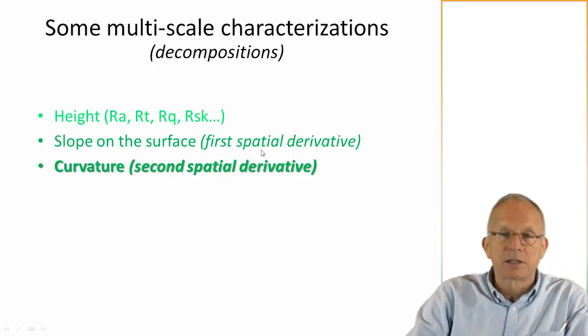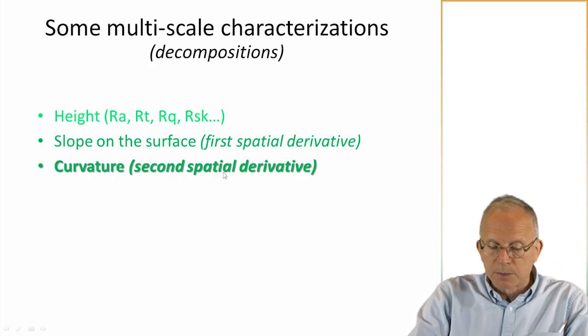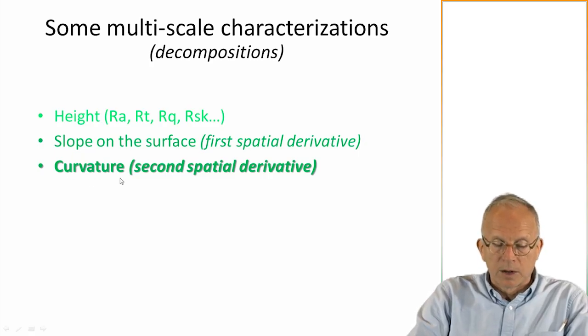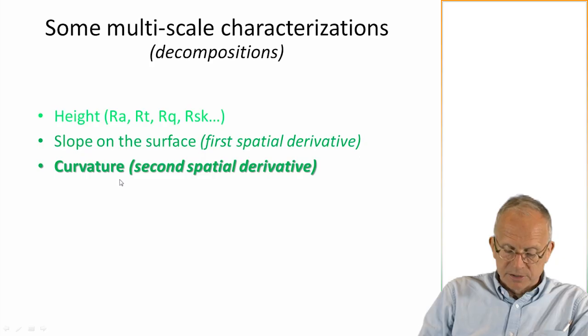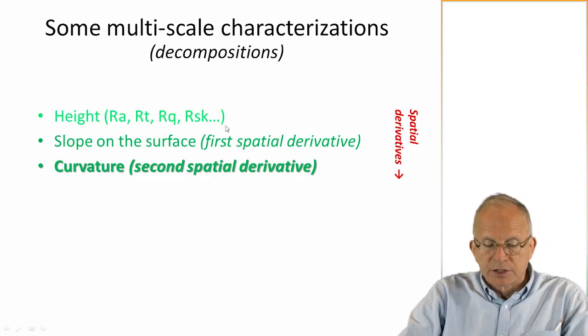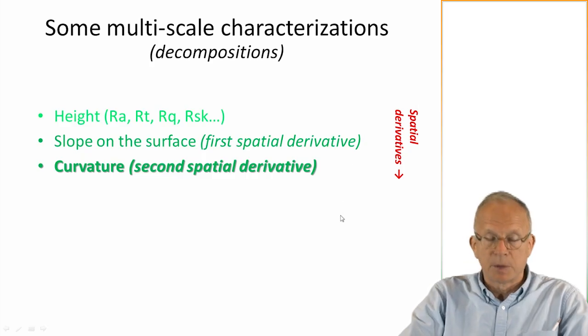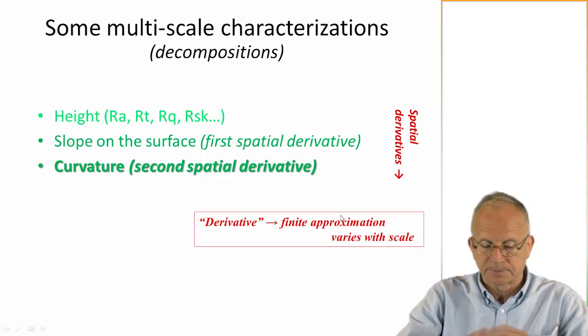So until we take the spatial derivative, there's no spatial information. Now, if we go from slope, the second spatial derivative is curvature, approximately. And there are a couple of other ways of calculating the curvature. So what we're looking at in these kinds of decompositions is spatial derivatives.